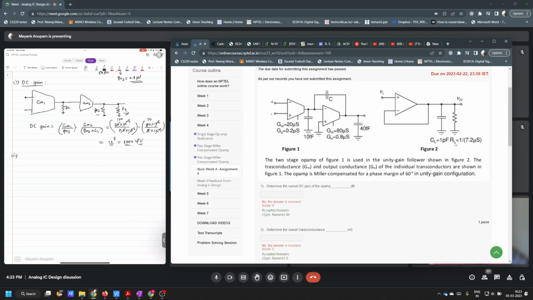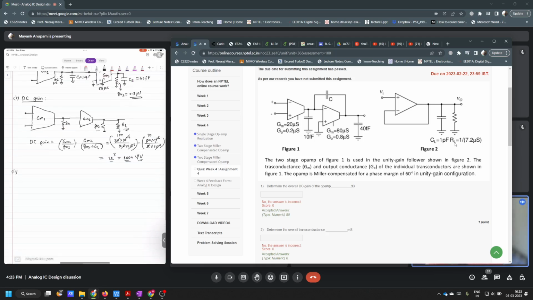We got this answer and get 0 marks. Yeah, I understand, but that's okay. That happens, as I told you earlier also. That confusion occurs in general whenever you are asked a question about an op amp. They generally clarify this part, like determine the overall DC gain of the op amp for figure 2, something like that.